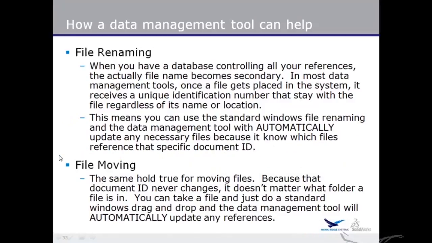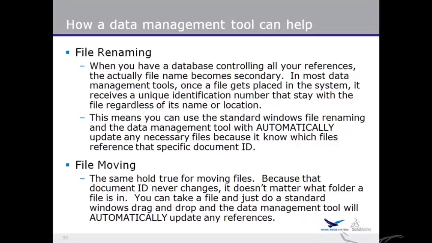Okay, the next thing is file renaming. And file renaming is where you see a huge difference, as well as file moving. And so I'm going to explain this and then I'm going to show it really quickly. So when you have a database controlling your files, what happens is that the file name becomes a secondary piece of information. When you take a file and you check it into a data management system, the data management system assigns a number to it.